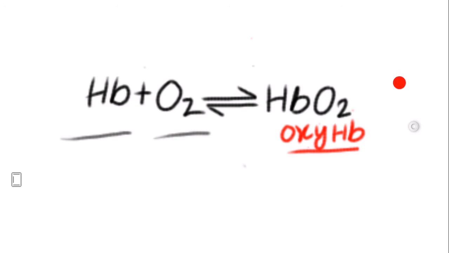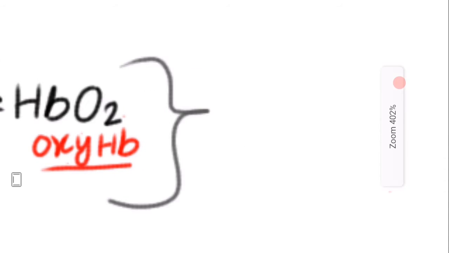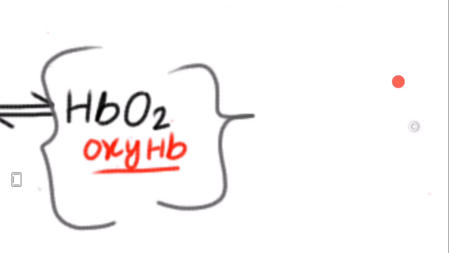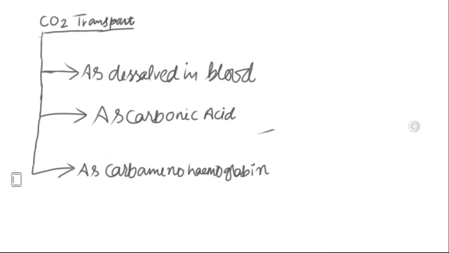This reaction shows clearly that hemoglobin binds with oxygen and forms a complex known as oxyhemoglobin. So these are the two main ways through which oxygen is carried from the lungs to the different parts of the body.